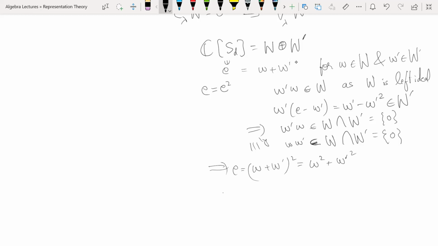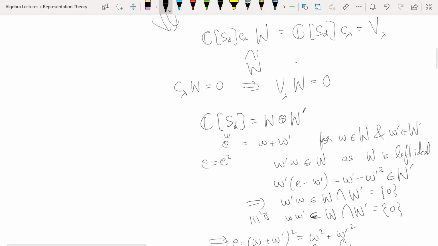Thanks, Snehin. And the uniqueness tells you that this belongs to W and this belongs to W prime. So by uniqueness, W square is equal to W, and W prime square is equal to W prime.